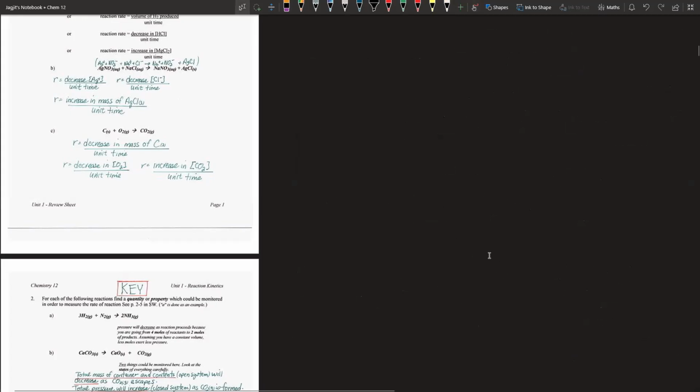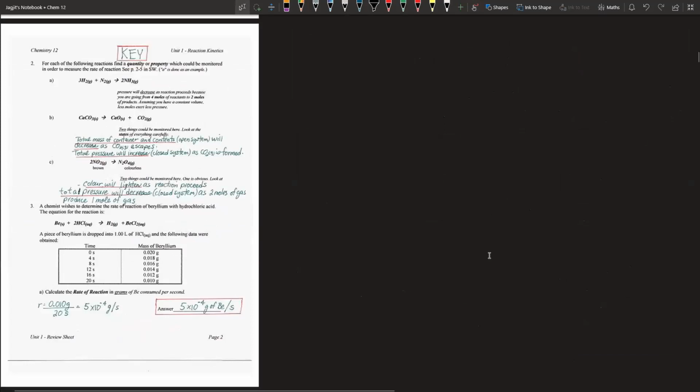Let's move on to the next questions now. These questions are tricky, folks, so I want you to pay attention. They've given you 3H2, and it's a gas. It's reacting with N2 gas, and it's forming 2NH3 gas.